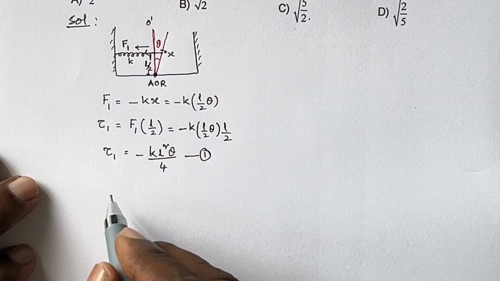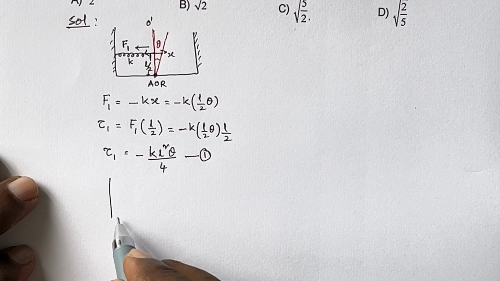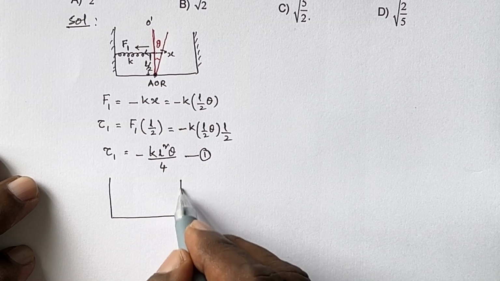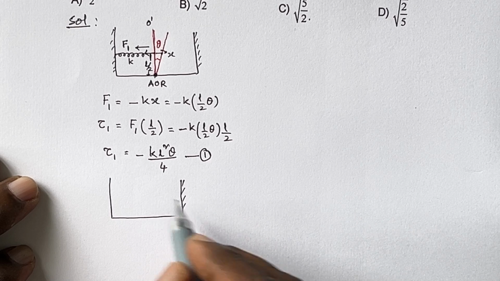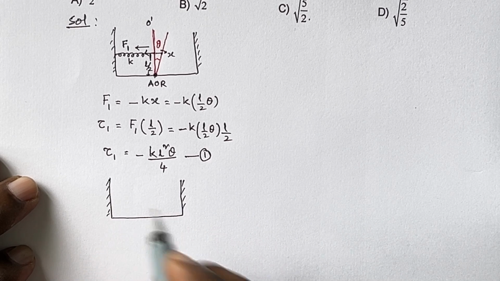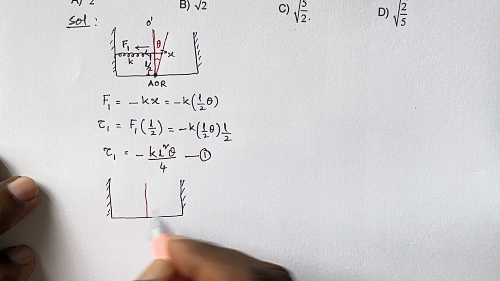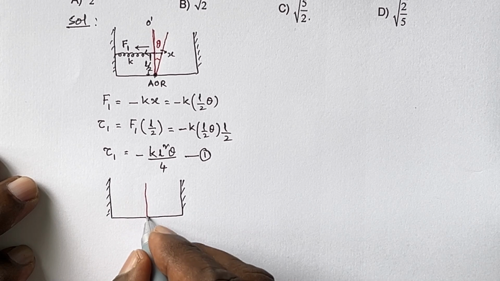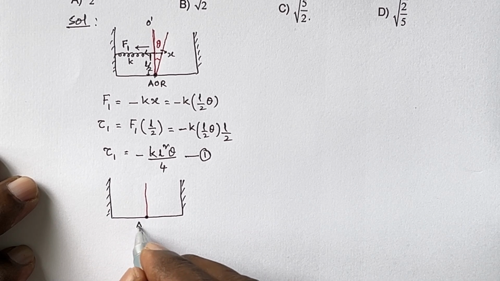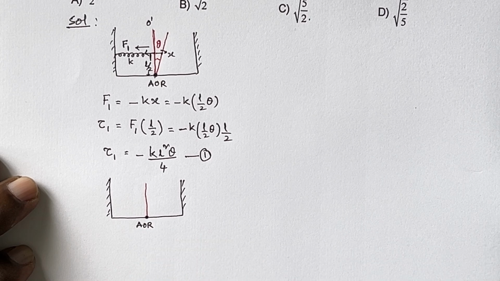Next spring. In the same diagram, these are the walls. This is the rod hinged at O, so this becomes the axis of rotation.